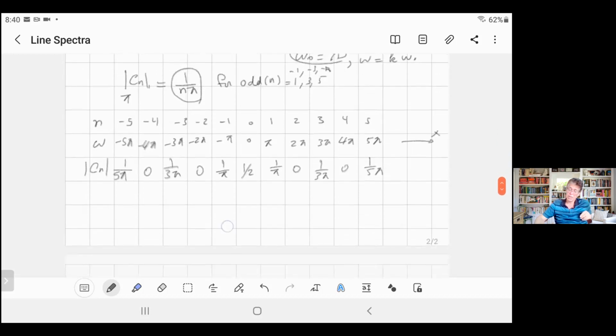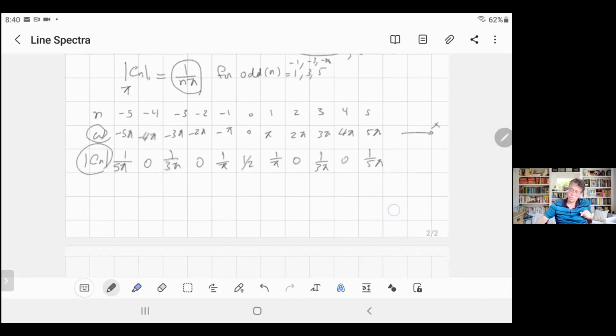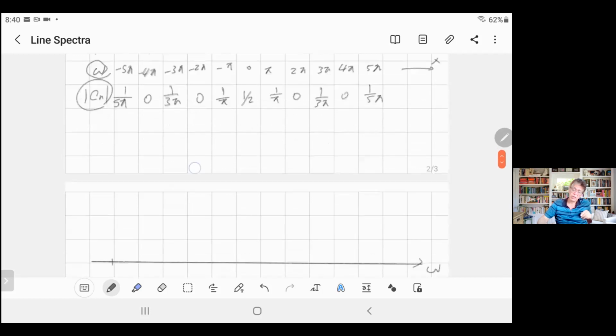All right. Now that's the line spectrum. How do you sketch it? Well, as I explained in the beginning, it's between omega and the magnitude of Cn. So you'll make an x-axis like that, and you start to put your values of omega. Don't put the number n, put omega, which starts from minus 5 pi as we have here.